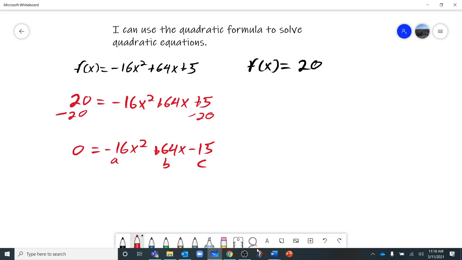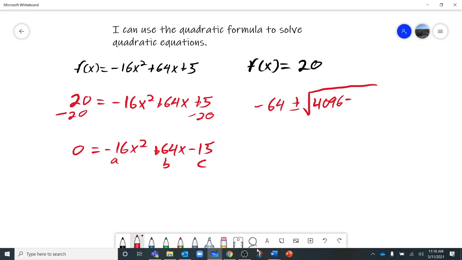So negative b, that's what we start with, so negative 64, plus or minus the square root of b squared. This is why they invented calculators, because I do not know what 64 squared is. 4,096. 4,096 minus 4 times negative 16 times negative 15.